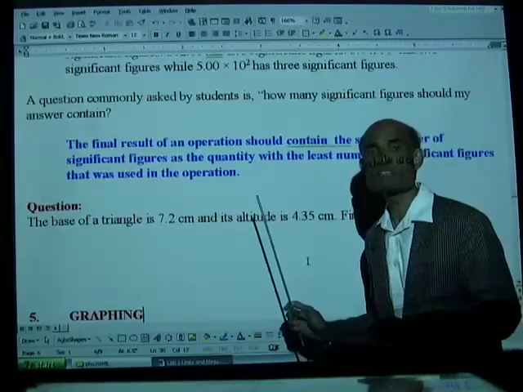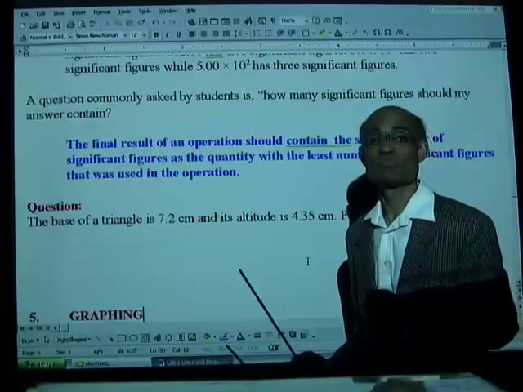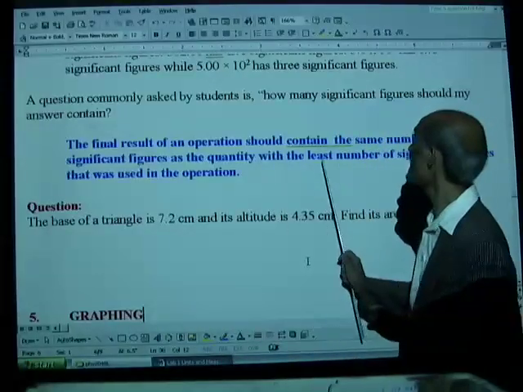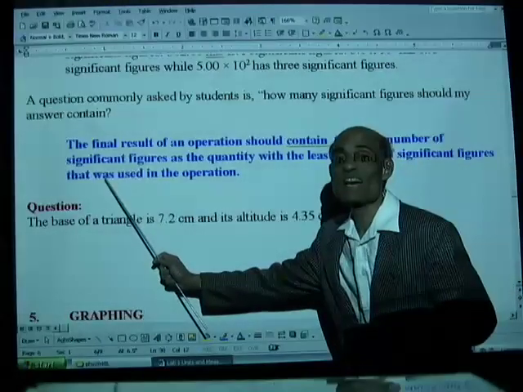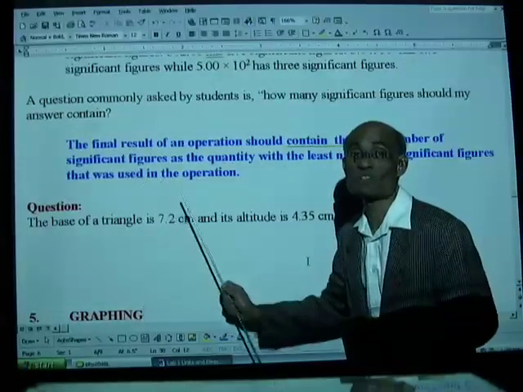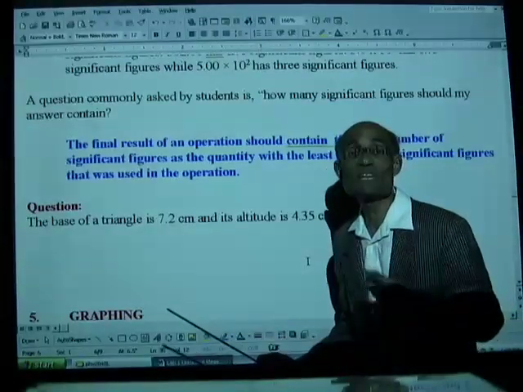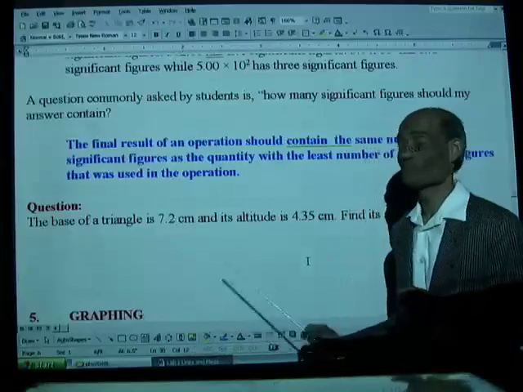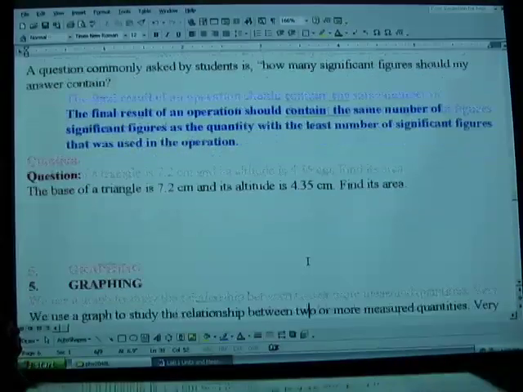Tell me, how many significant figures will there be in the answer? The answer will contain the least number of significant figures that was used in the operation. That means the answer here will contain only 2 significant figures. All right. I'm going to leave that for you.